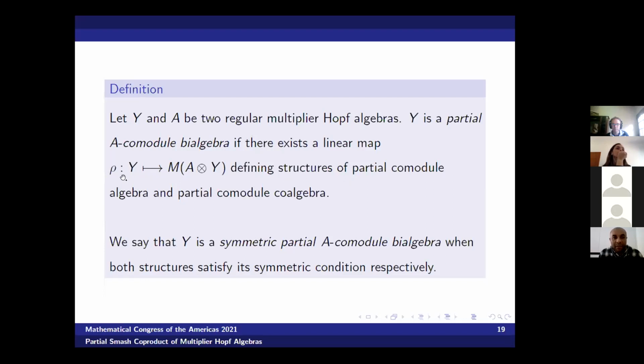We already have the comodule coalgebra defined, and the definition of partial comodule algebra is defined in our previous paper that I didn't mention here, but it was defined. So if we have both structures, the comodule coalgebra that I defined in this talk and the partial comodule algebra, then we have a comodule bialgebra. And if we have the symmetry condition, we call it a symmetric partial comodule bialgebra.